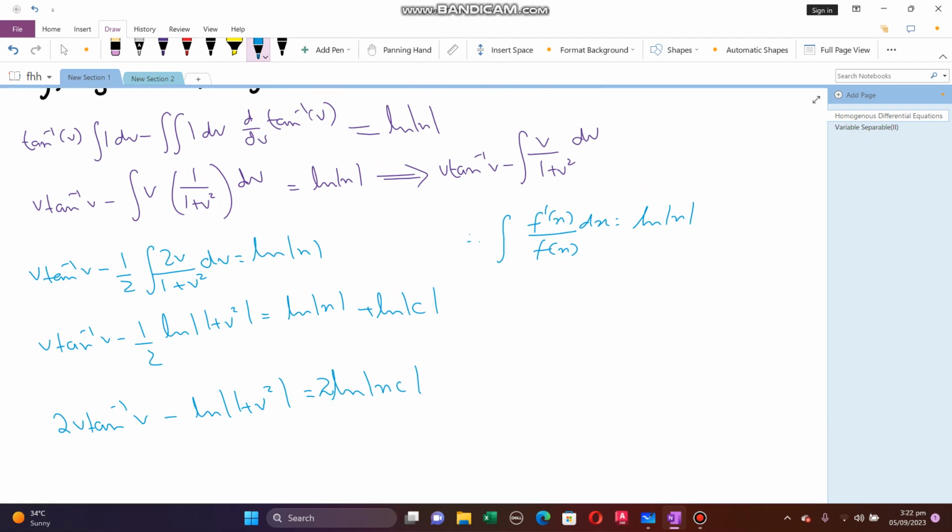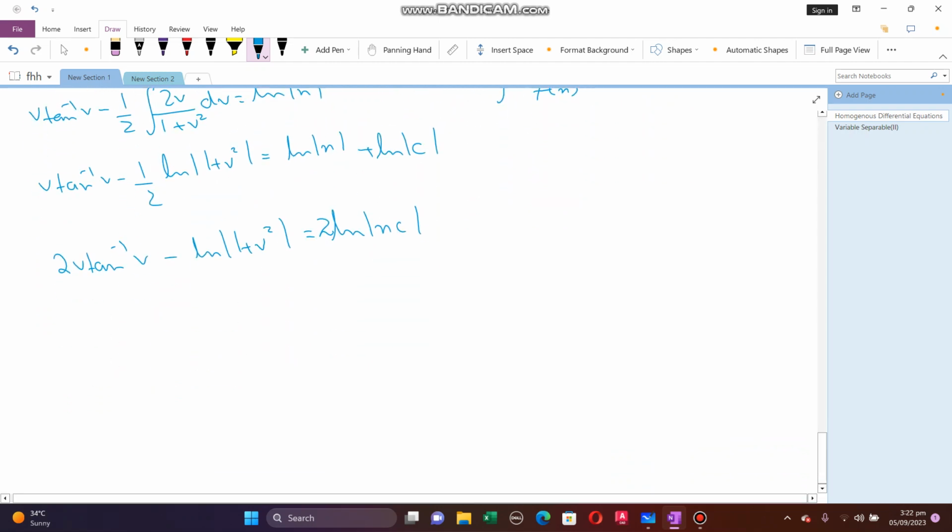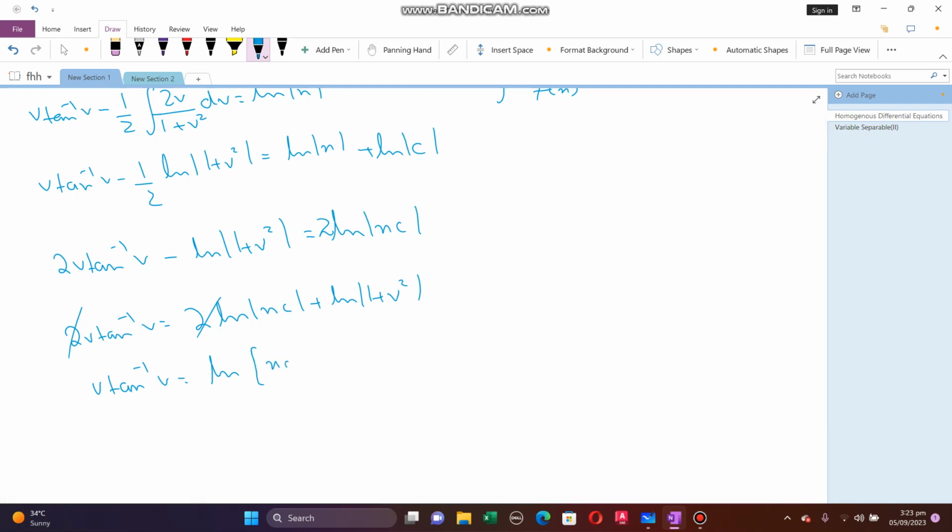So it can be solved in this way as 2v tan inverse v is equal to 2 natural log of xc plus natural log of 1 plus v square. Cancelled. v tan inverse v is equal to natural log of xc times the square root of 1 plus v square.